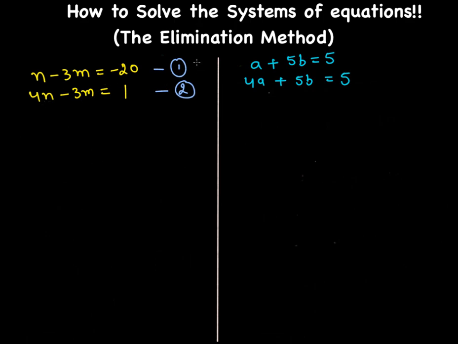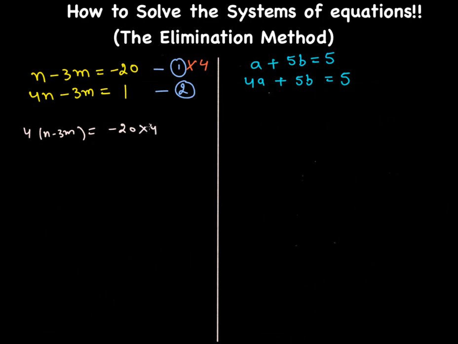Alright, let's do it. I'm going to multiply equation number 1 by 4. Let me write it down over here. 4 times n minus 3m is equal to 4 times negative 20.